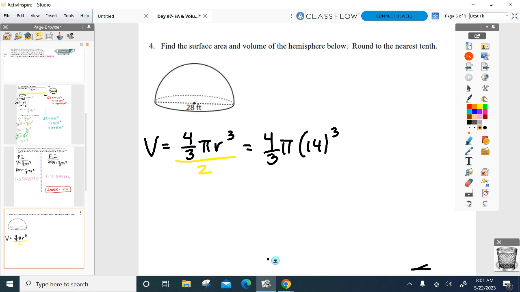Now, you could divide by 2. You can multiply by a half. It's not going to matter.